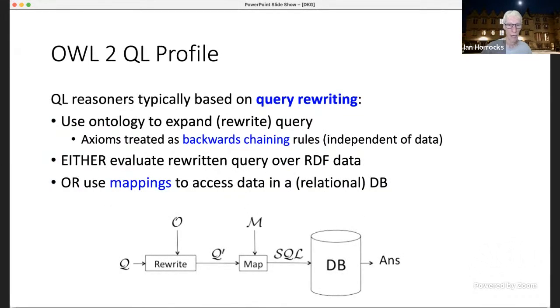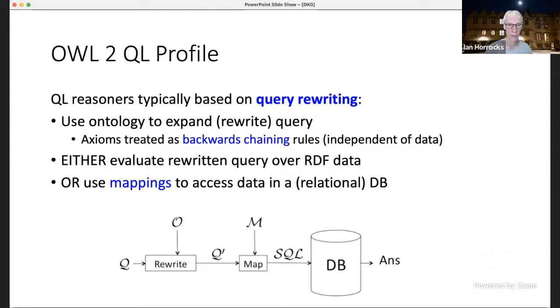And we can use that query directly, actually, if our data is already in RDF. But another nice feature about query rewriting is that we can leave the data in relational databases, and we can just define with some mappings how we retrieve the various RDF predicates and classes from the database using this mapping.